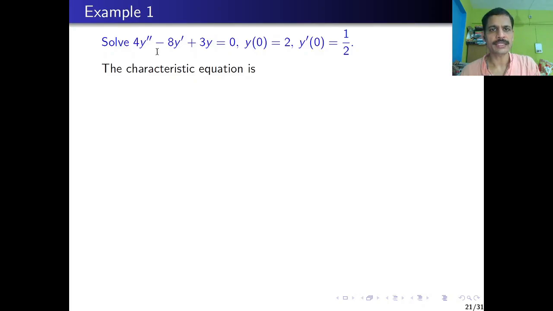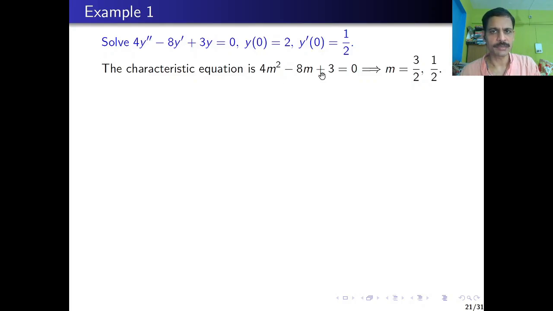So the characteristic equation of this ODE is 4m square minus 8m plus 3 is equal to 0. This characteristic equation we had introduced in the previous slide. So this is a quadratic equation. What we have to do? We have to find the roots of this quadratic equation.